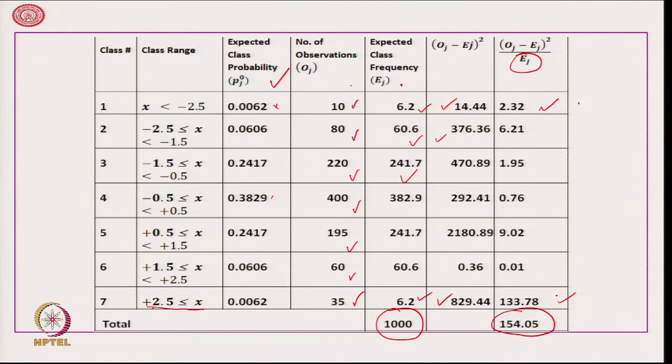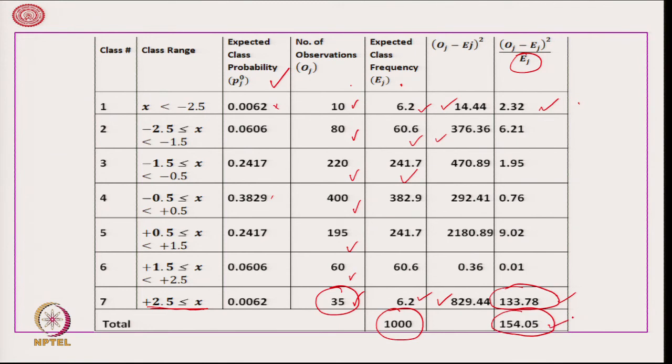because x greater than 2.5, that number should be very small, but here we find that number is pretty large, which is 35, and if we look at this sum of square, we can see that that is giving us a huge value, making the sum to be too high.